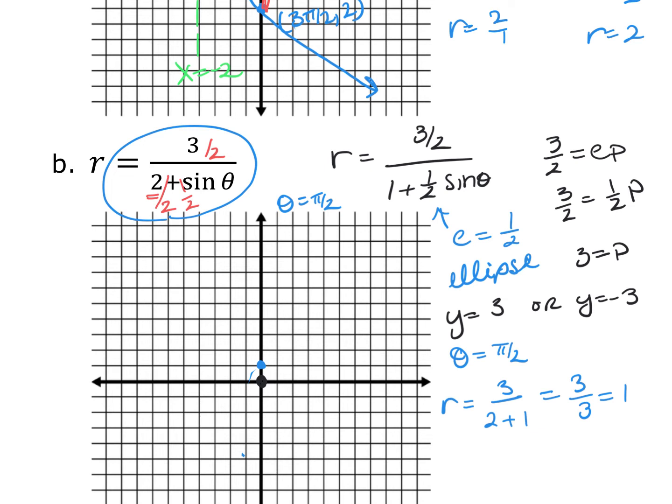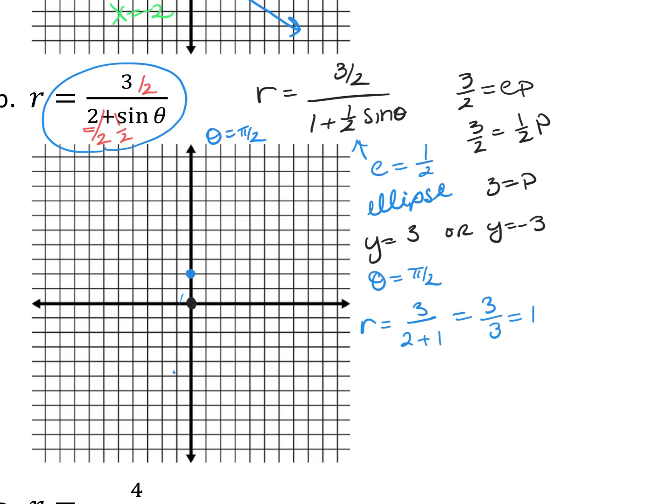Actually, I'm going to scale this out again because it's really hard to see how it's scaled. So that's 1. And now I'm going to look at what happens when theta is 3 pi over 2.